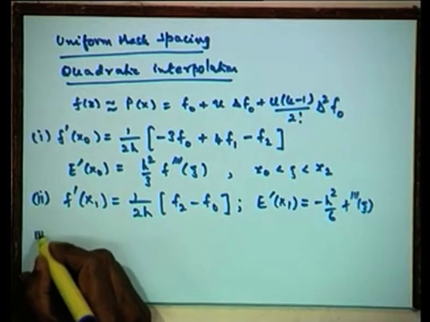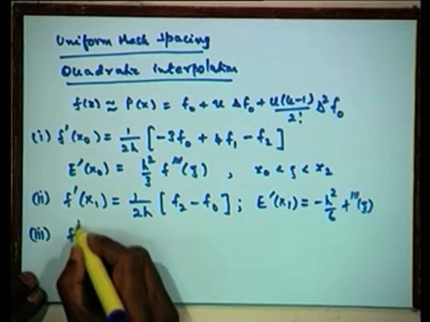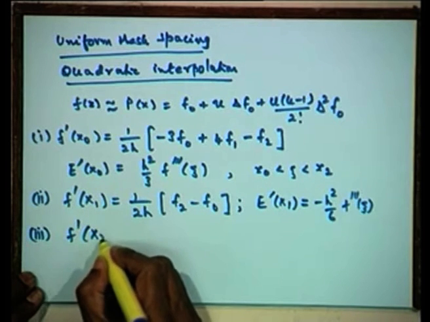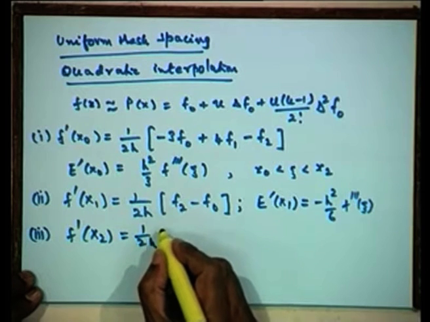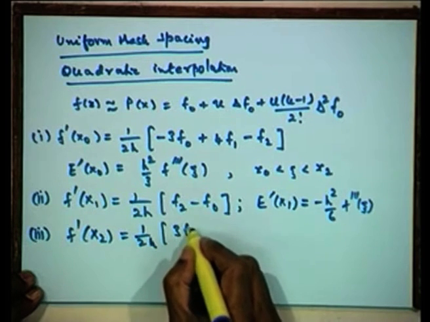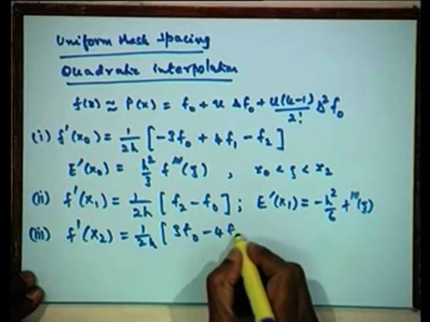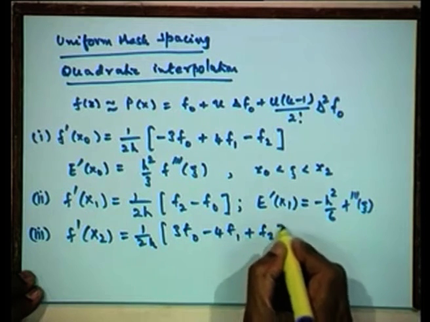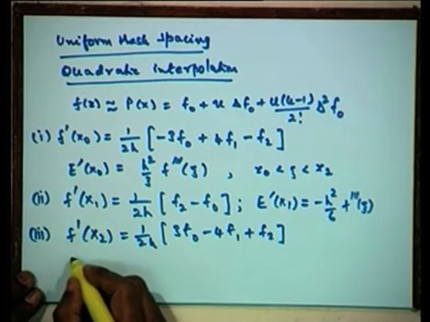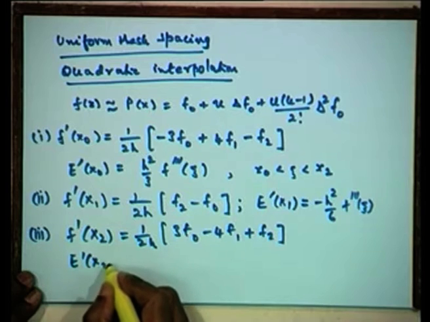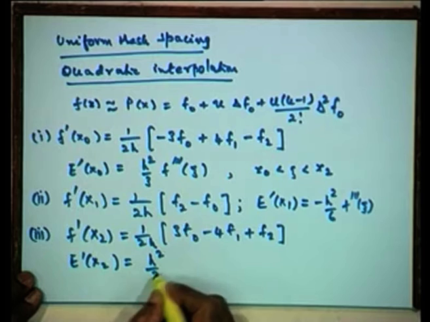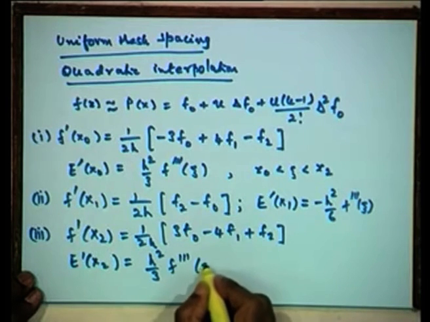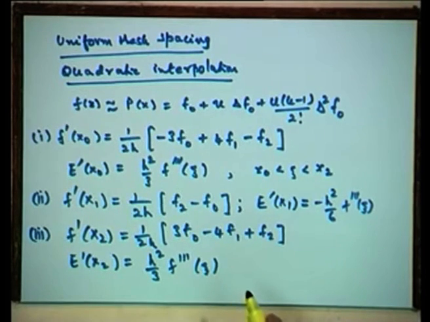The third formula, at the last point, is f dash at x2 equal to 1 upon 2h of 3 f0 minus 4 f1 plus f2, with the error being the same as earlier, h square by 3 f triple dash of xi.